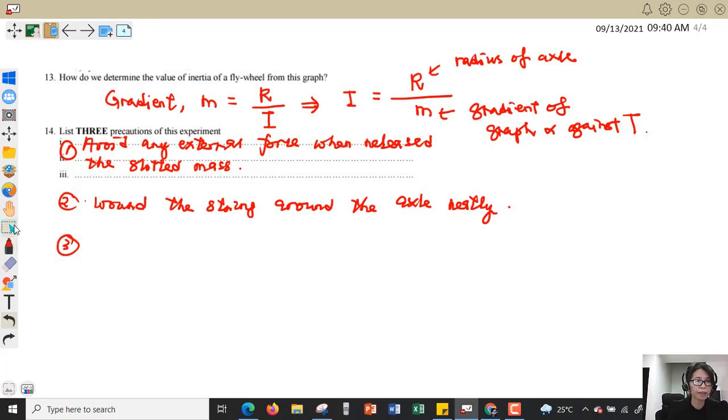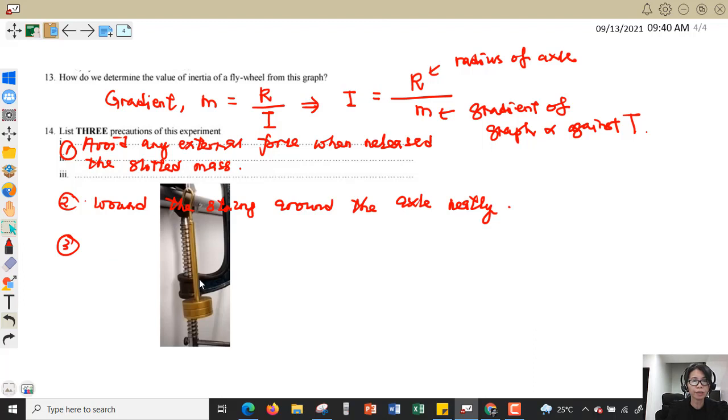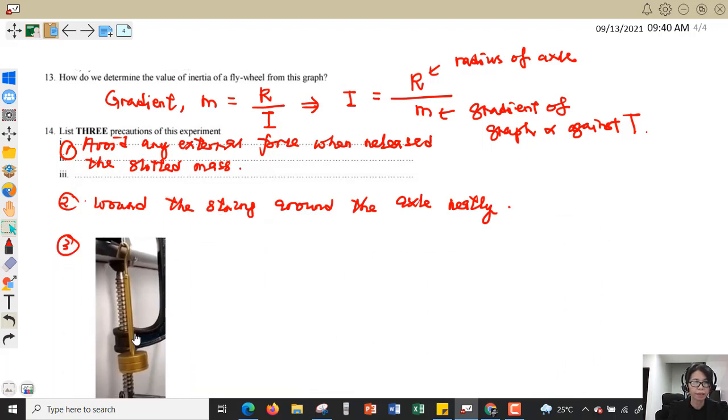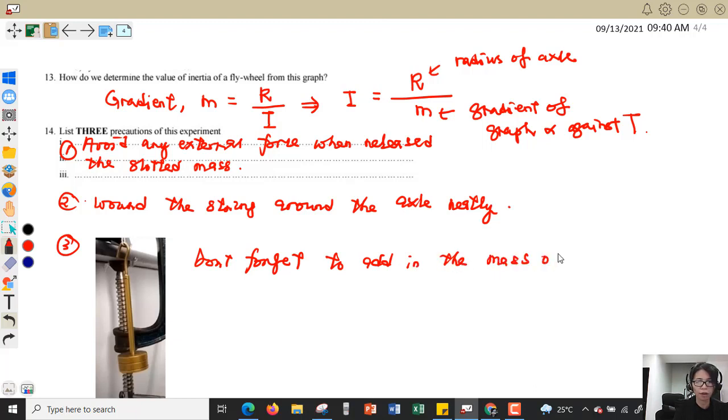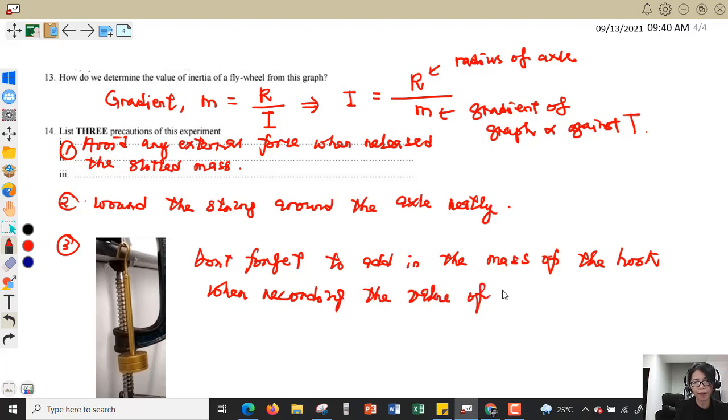And the third one, class, if you notice, we need to record the mass of the slotted mass in the experiment. This slotted mass is put on a hanger. So when you record the slotted mass, don't forget to add in the mass of the hook when recording the value of m.